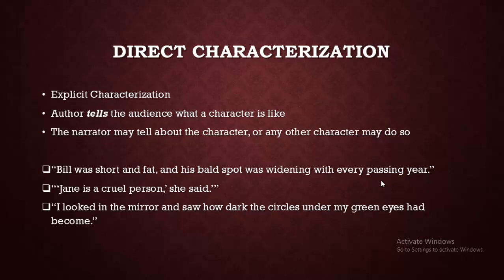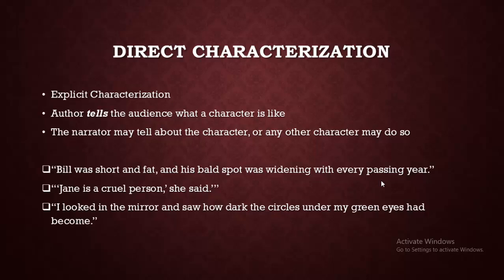The word explicit means very apparent, or which is there for everyone to see. And in this kind of characterization, the author tells the audience what a character is like. So the word tells is very important here in direct characterization.